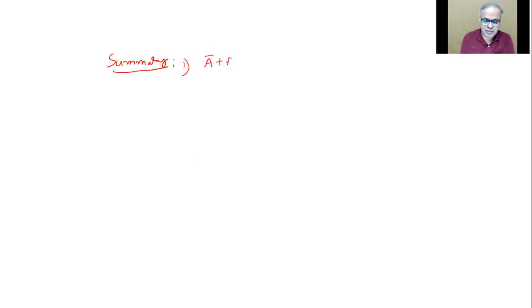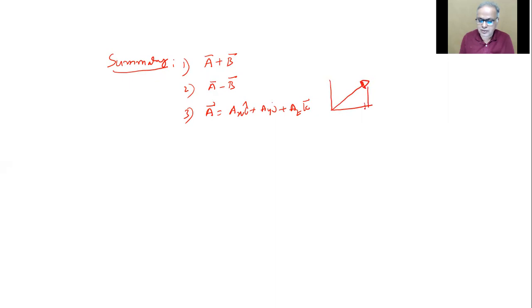Just vector A plus vector B. This is vector A minus vector B. Third, for example, some vector A equals AX i cap plus AY j cap plus AZ k cap, like this kind of an expression, or resolving a vector into parts geometrically. If this is a vector like this, this shadow and this shadow we will calculate. This is what you mean by resolution of vectors. So here I'll put a heading, in words, resolution.